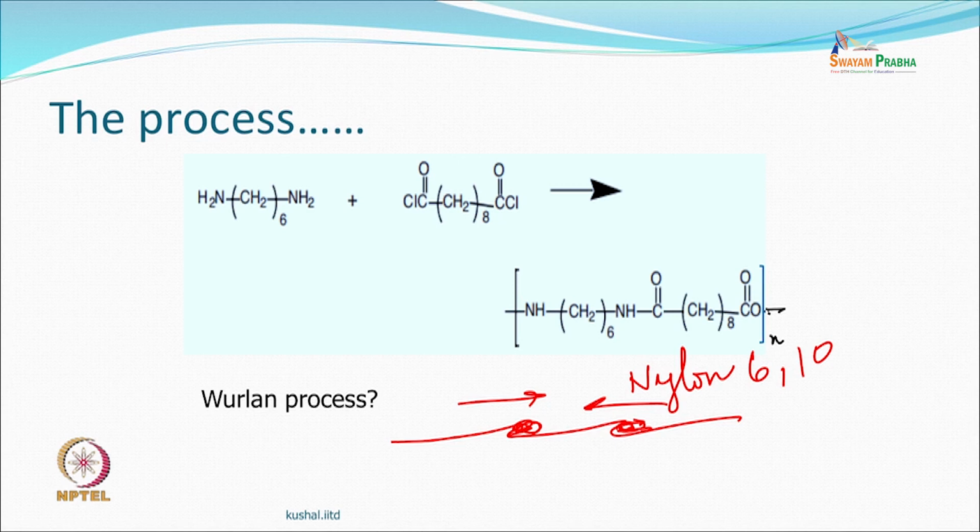No? A Verlan process is the process which used this polymerization technique on the wool, so that the scales on the wool could be masked, because you have felting. That is one of the properties of the wool, and if you do not want felting to take place, you want to make shrink proof wool, as they say.